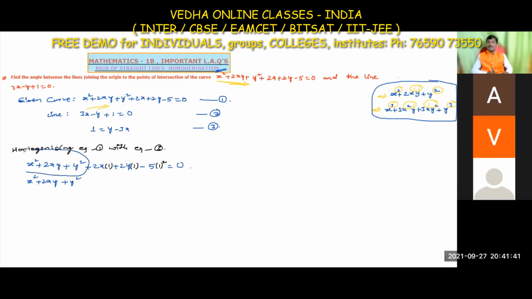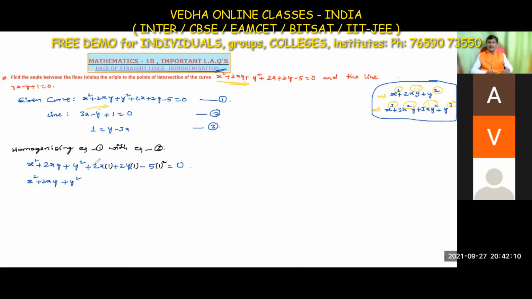In these 3 terms, powers are equal, but in these 2 terms, powers are 1, and here the power is 0. We want all the powers equal to 2. That's why these 2 terms are multiplied by 1, and this term by 1 square. Because 5 ones are 5, 10 ones are 10, multiplying by 1 makes no change.